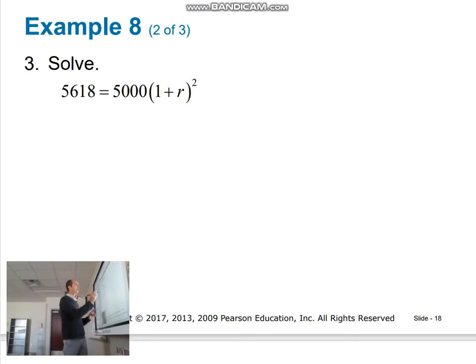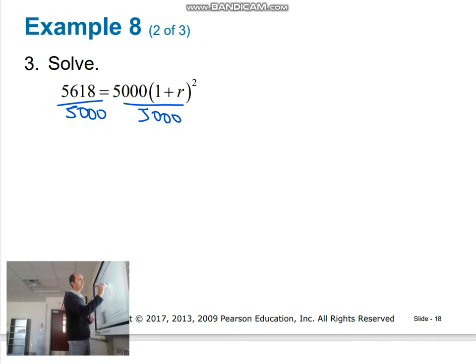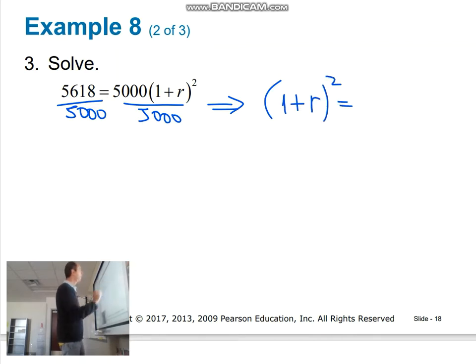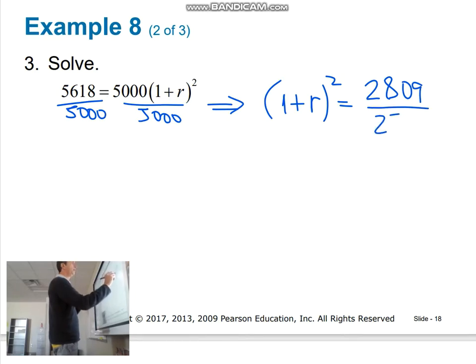So now we can solve it and divide both sides by 5,000. We can switch sides: 1 plus r squared equals 5,618 divided by 5,000. We can simplify it. Divide both numerator and denominator by 2, and we have 2,809 over 2,500.